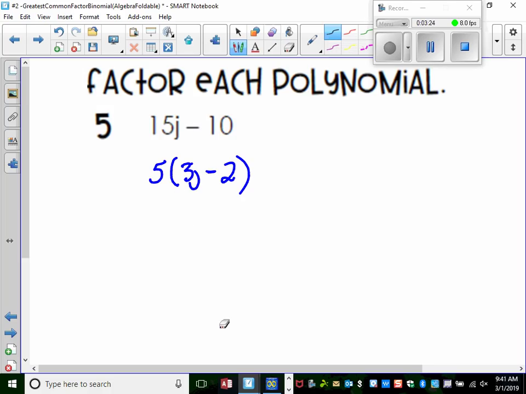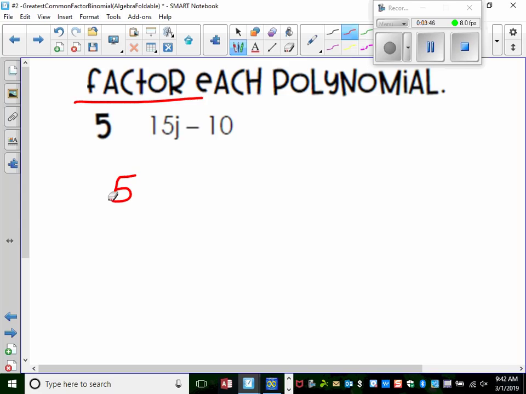Now, this one here, let me actually explain it first so you can see how we got that answer. When we get to this part, it says factor. Factor means that you are looking for the greatest number that can go into both terms. So like the largest number that can go into 15 and 10 is 5.